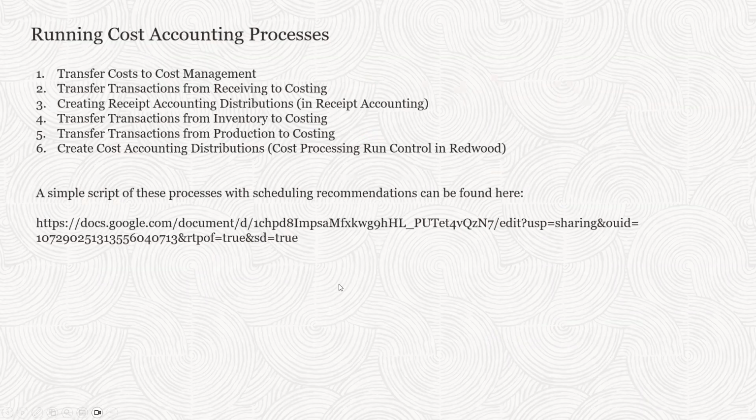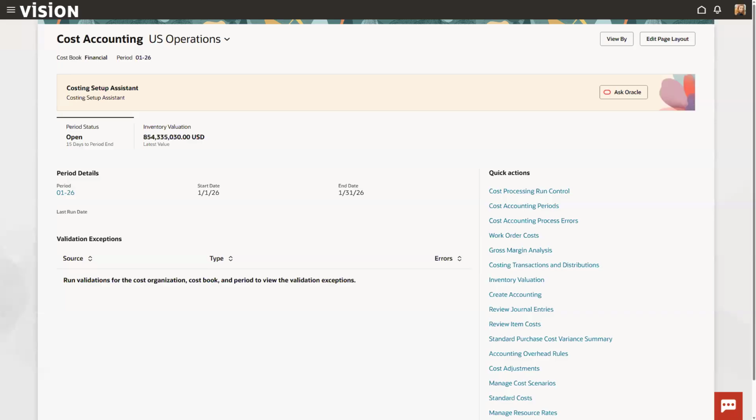But for the purposes of today, and for the purposes of time for you guys, I'm going to pause the recording and I'm going to go run these 6 processes, and then we'll come back over to cost accounting, and we're going to check what the costs look like. So I'll be right back.